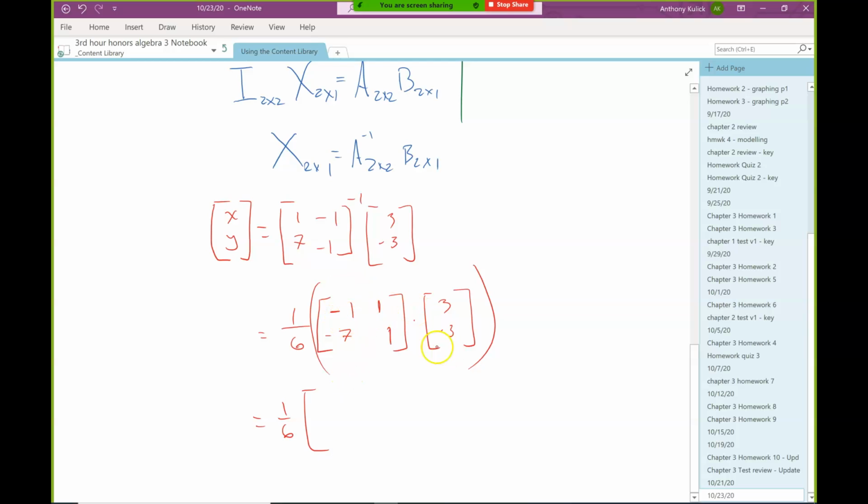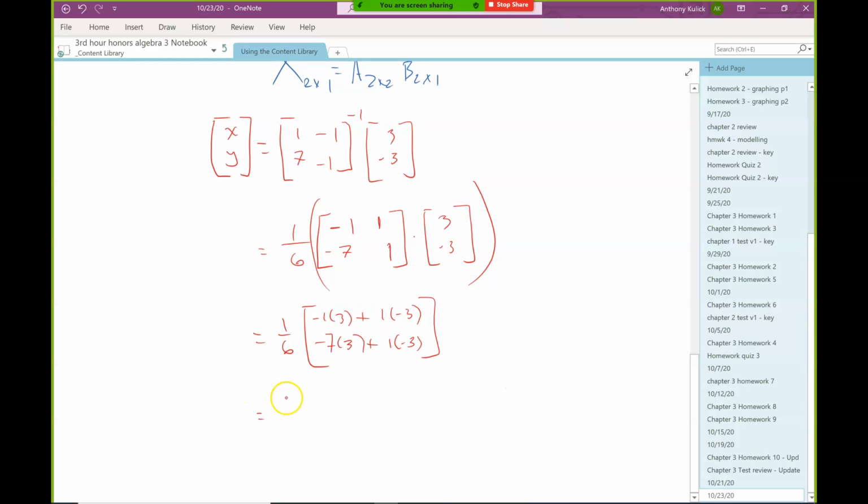So I'll take the first row and multiply to the column. And I'll take the second row and multiply it to the column. And then I'll go ahead and simplify that. So -3 plus -3 is -6.